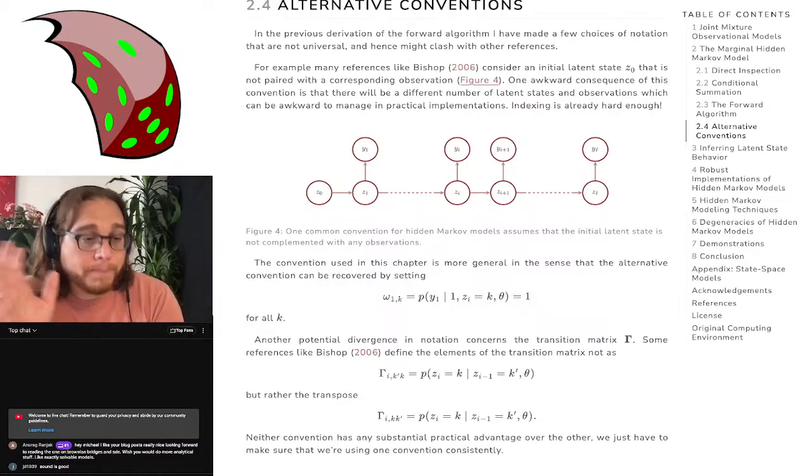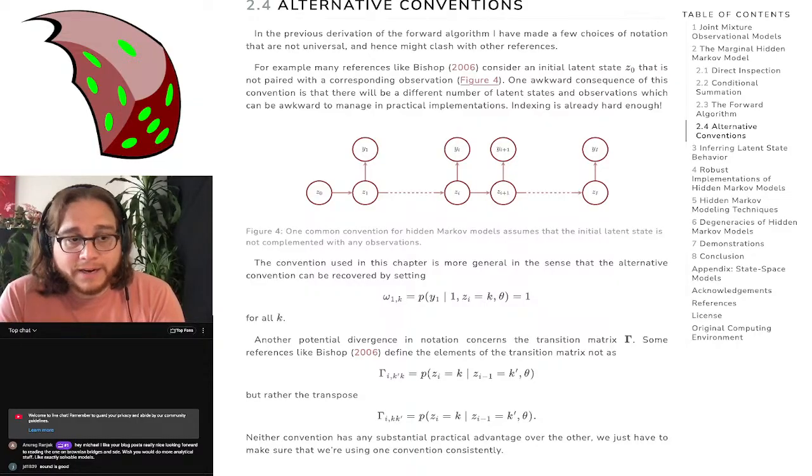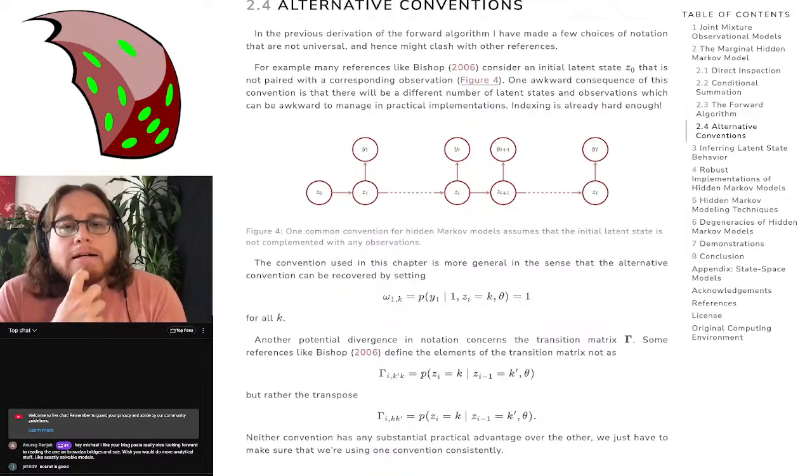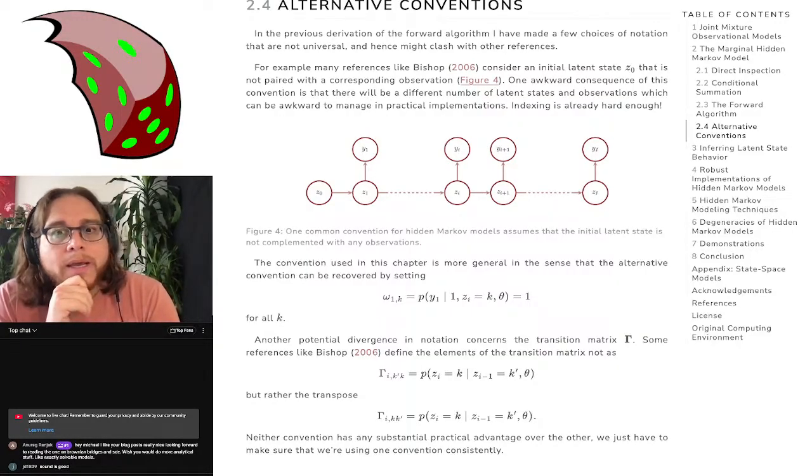A lot of references, Bishop for example, assume there's an initial state, z_0, that does not have an observation on it. This is always possible to consider: wherever your first observation is, you just assume there's a state before that, and that's your z_0 that you include.